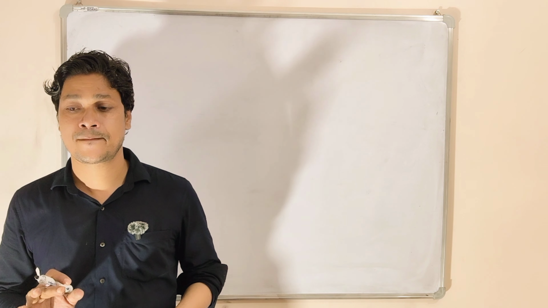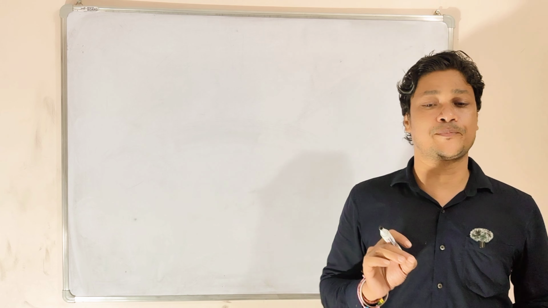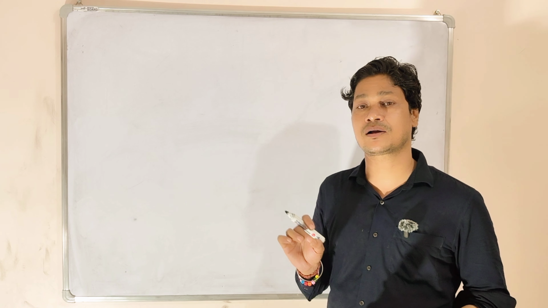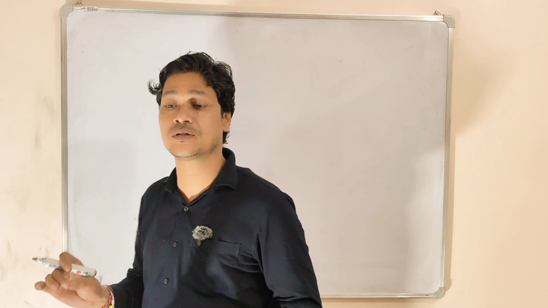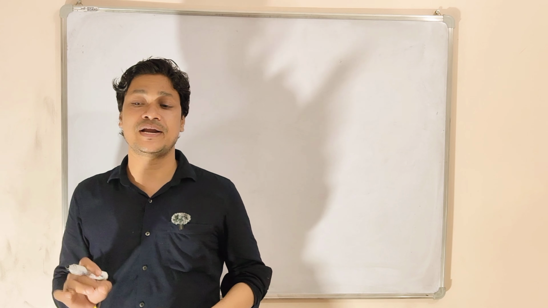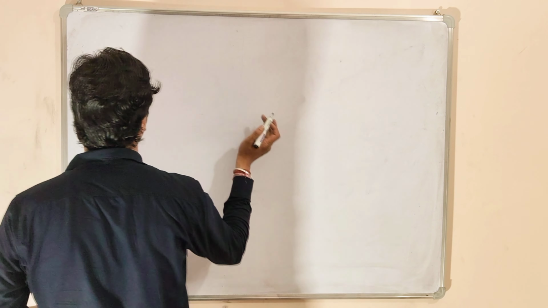Got it? Yes, sir. The question is: write a program to store the marks of a student in 10 different subjects, then add all the marks together, and print the total mark and the average mark. Got the question? Let us solve this question.